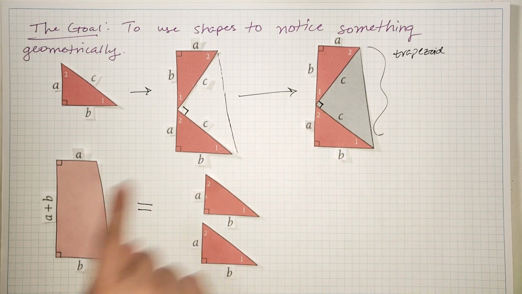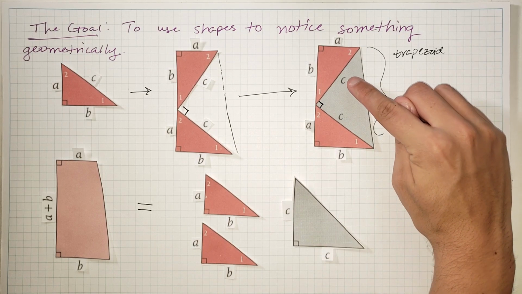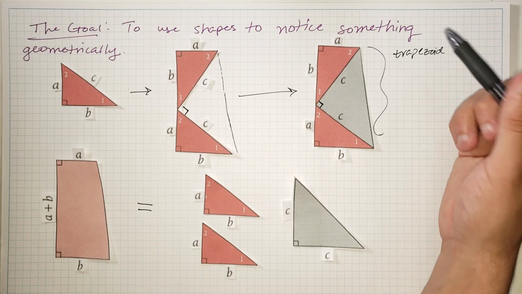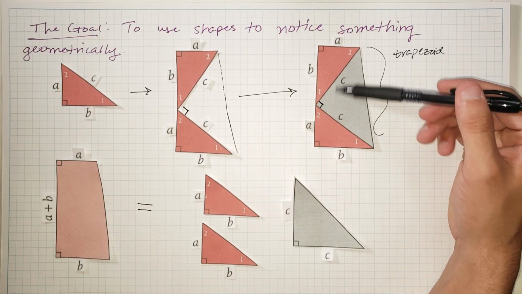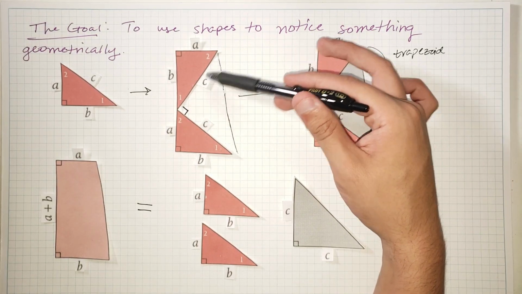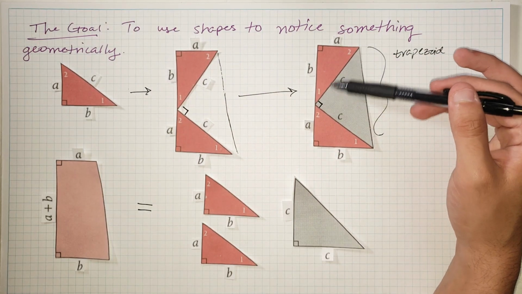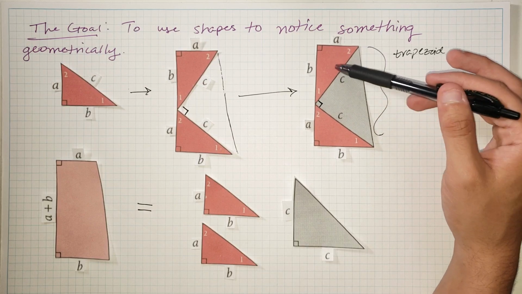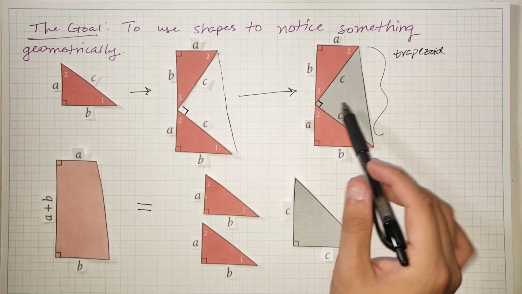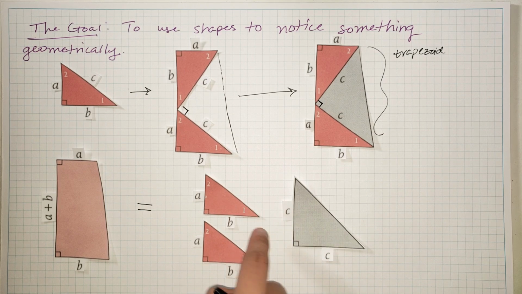This trapezoid is equal to 2 of the red ones plus this gray one that has length C. Maybe you noticed that we made a triangle with that right angle, and it has lengths C and C. So we actually have 3 triangles here. What we're doing right now is breaking up this triangle: first we take it as one triangle, and then we represent it as 3 separate triangles.